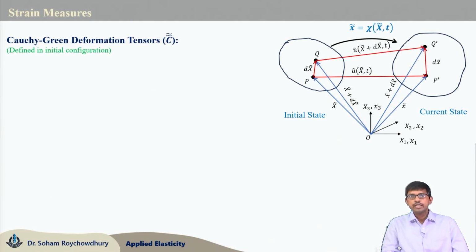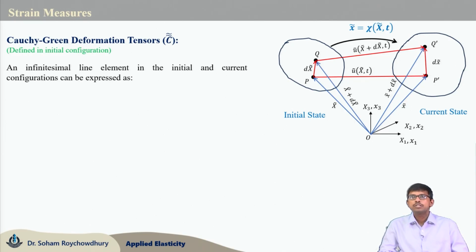Now, after deformation, we come to the definition of different strain measures. The first strain measure which we are going to discuss is the Cauchy-Green strain measure, the Cauchy-Green deformation tensor C. We are considering the same body where the undeformed line element d capital X is deformed to d small x with the help of the deformation gradient tensor F, which defines the mapping from the initial state to the current state.